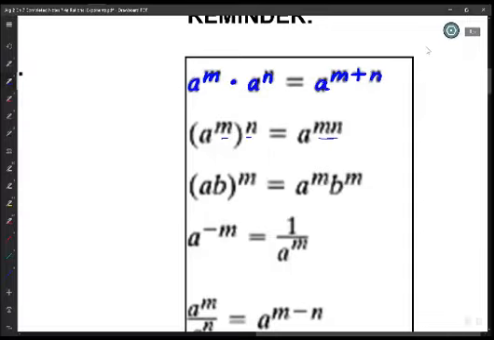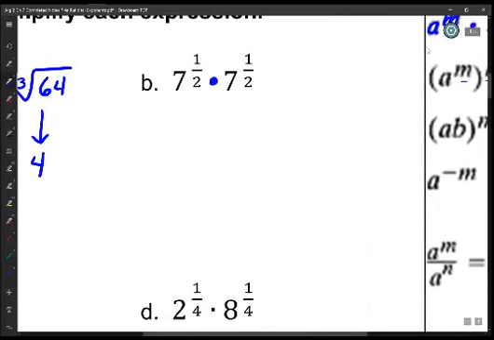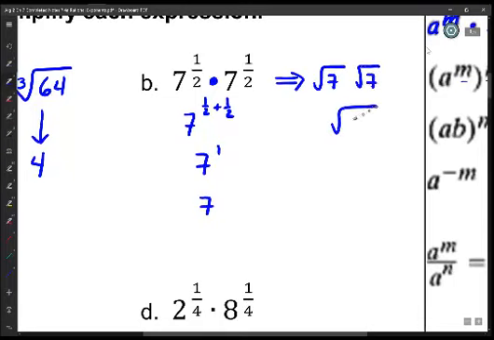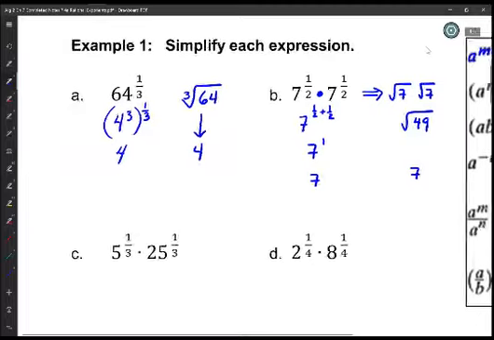So we keep the base, we add the exponents, and so 7 to the 1/2 times 7 to the 1/2 is 7 to the 1/2 plus 1/2, or 7 to the 1, or very simply 7. Now, translating, you realize that that's the square root of 7 times the square root of 7, which is the square root of 49, which is 7. So that's the radical way to think through that, but we really want to think exponentially today.